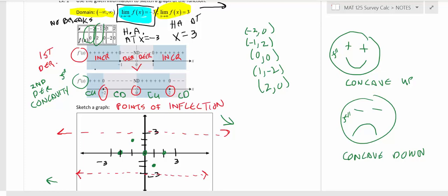Then it's going to change directions and increase, and then level off like that. If you look at what that sign chart says again: increase until you get there, decrease, no derivative, so sharp point, then still decrease, and then start increasing again. Does that make sense? Well, that's what that sign chart says.